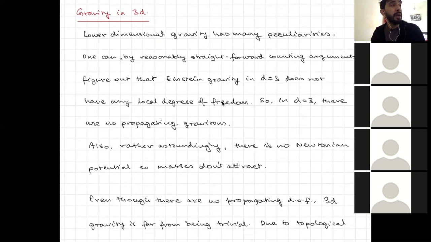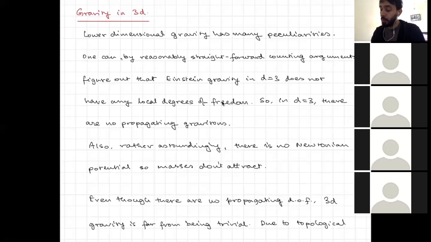I don't remember if I actually showed this in my lectures. Probably not. But you can do a reasonably straightforward counting, and you can figure out what the degrees of freedom of Einstein gravity are for any dimension.